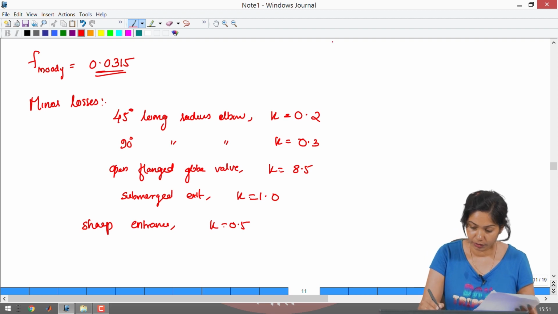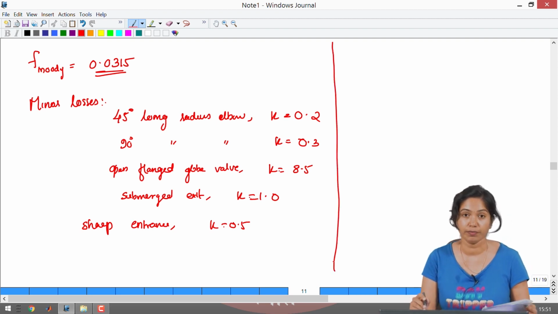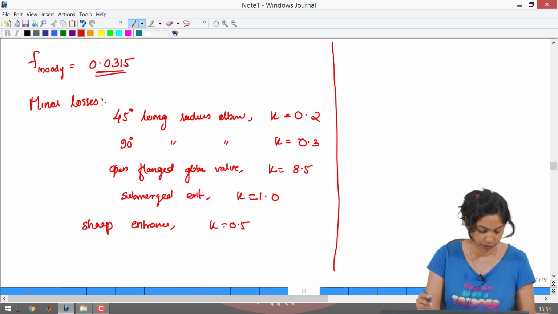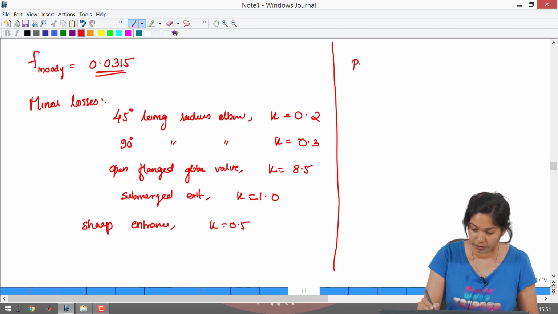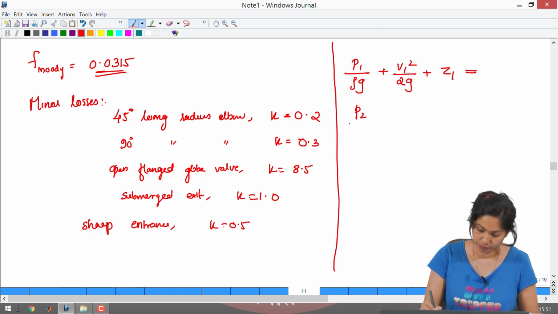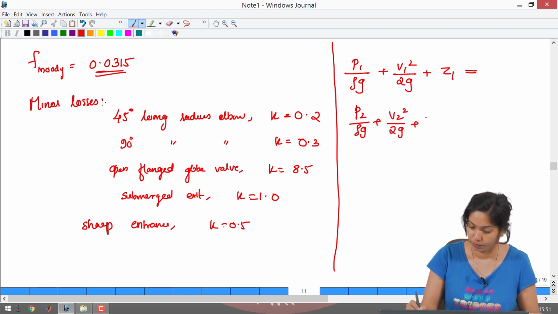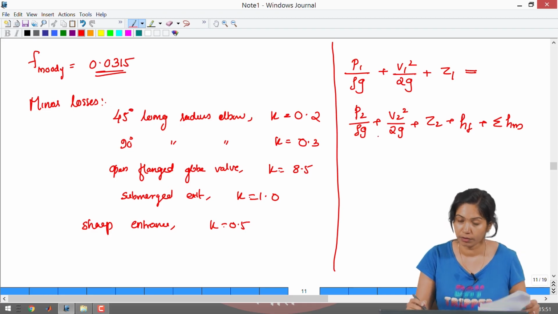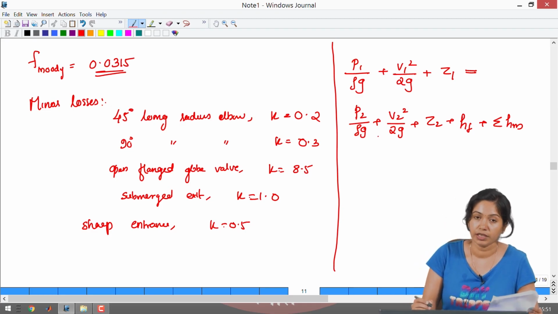And if you are writing the energy equation between point 1 and 2, which is the reservoir surface, we can write the relation as follows. Since we are considering 2 as the reservoir, the gauge pressure will be 0.